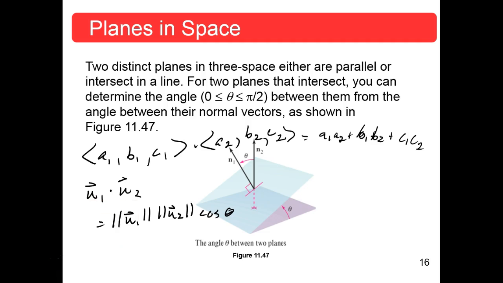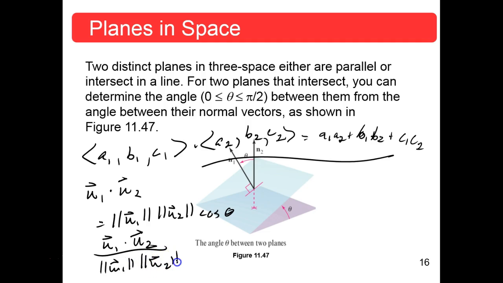So that then gives us the dot product of the two vectors, U1 dot U2, divided by the magnitude of U1 times the magnitude of U2. That's equal to the cosine of the angle in between, or the angle in between is the inverse cosine of that. Make sense?